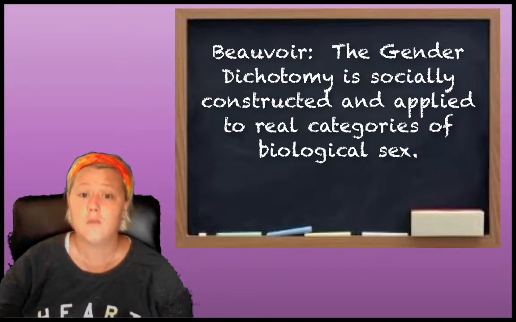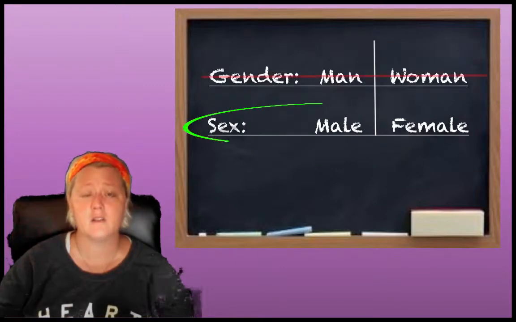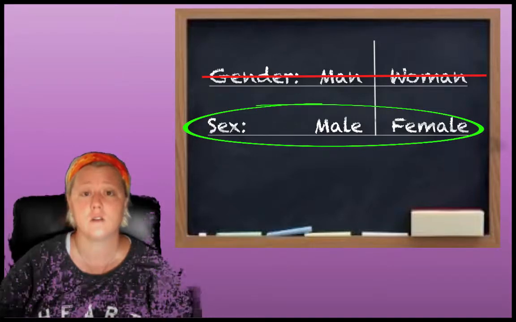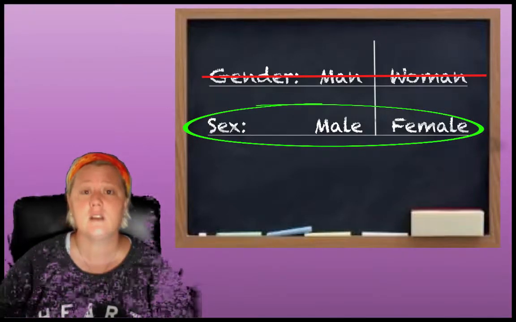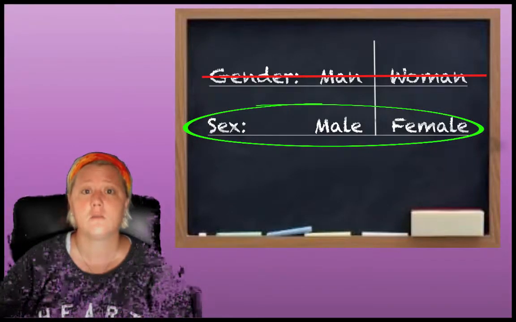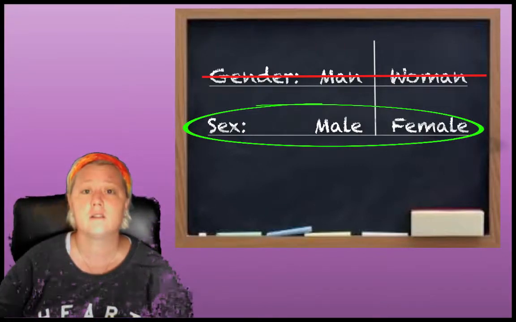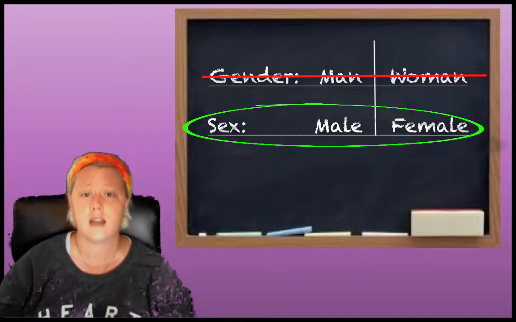However, on Beauvoir's view, she does claim that the division of sexes is a biological fact, not a historical event. So she's leaving a kind of essentialism in place. That is, that there are two distinct categories of biological sex, male and female.